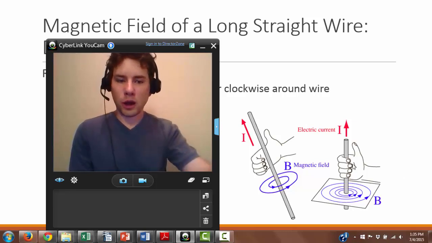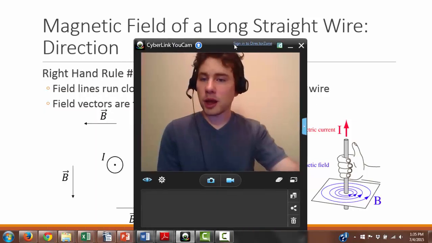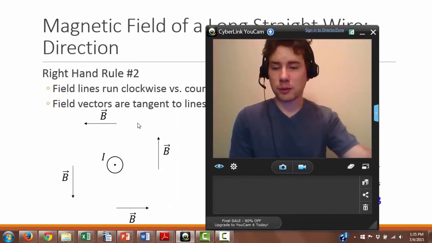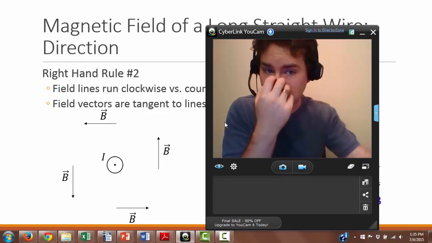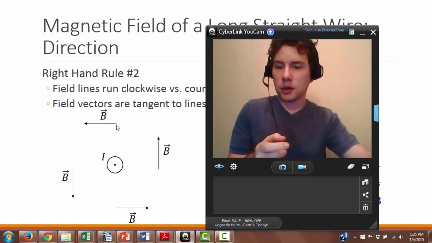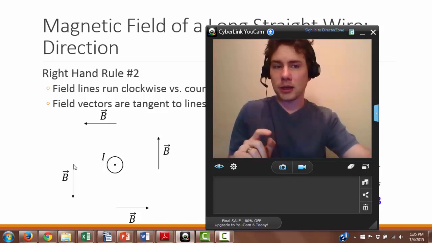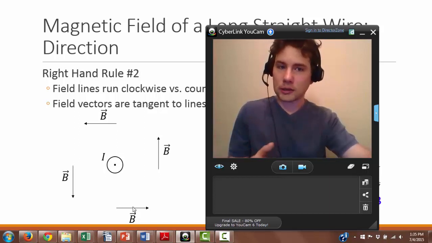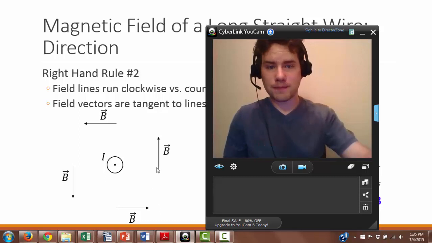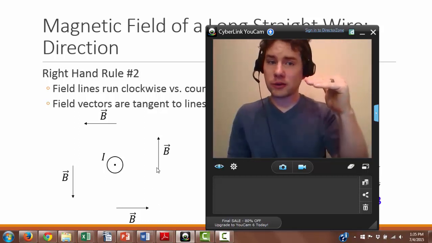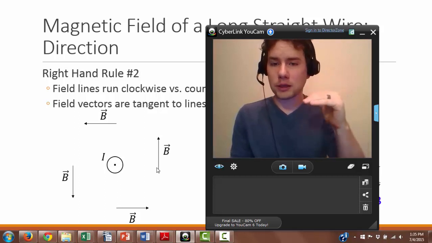So while this picture right here implies the picture over here, these four different directions, for example, it's often not as obvious that those should be converted in that way, meaning that a circle counterclockwise in this picture means to the left on the top, down on the left, right on the bottom, and up on the right. That usually this, which gives you the magnetic field vectors, is much more obvious.